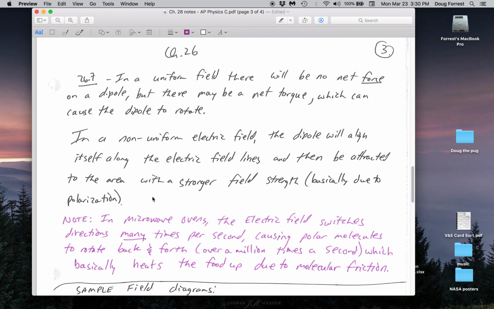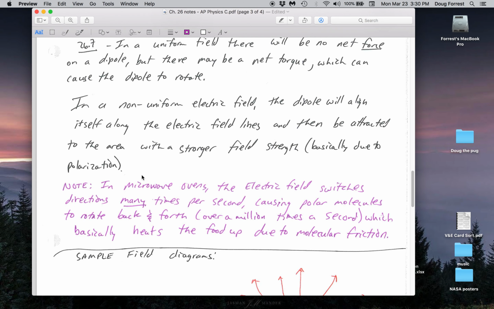The dipole will align itself up with the negative end pointing toward the electric field source and the positive end pointing away. Because we, by convention, think of the electric field source as being toward a positive area. And there's another good picture, in figure 26.31 on page 771, showing what would happen if you had a non-uniform electric field, how would the dipole align with respect to that?